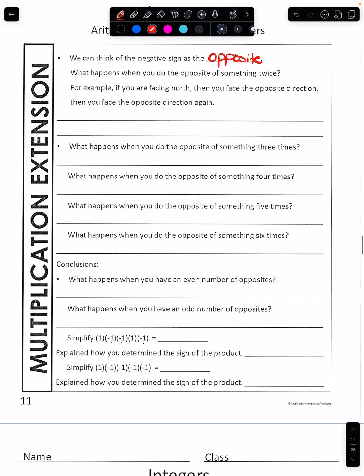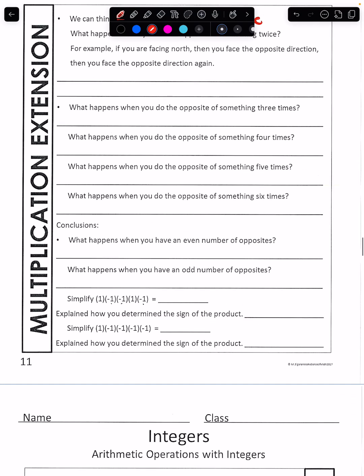In conclusion, if you have an even number of opposites, you should be back where you started. Okay? And if you have an odd number of opposites, you should be the opposite of the start.